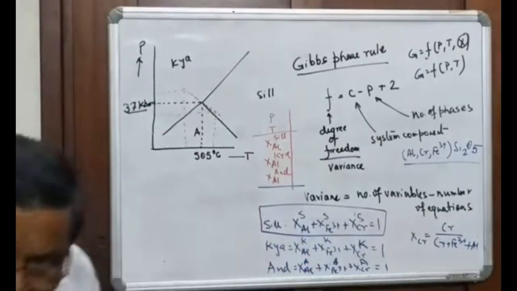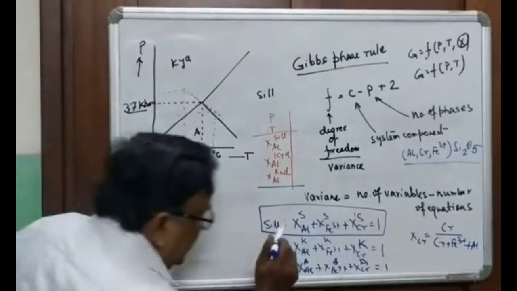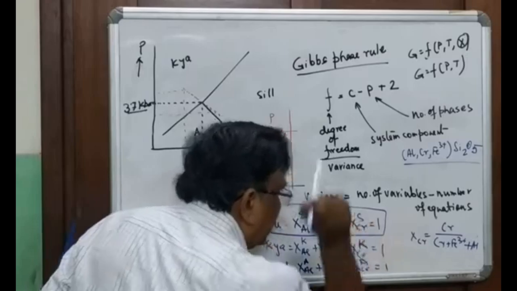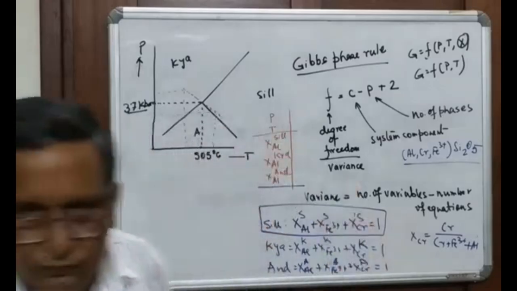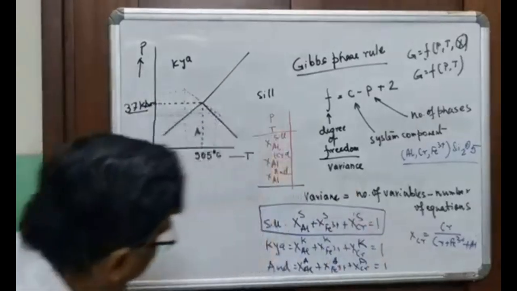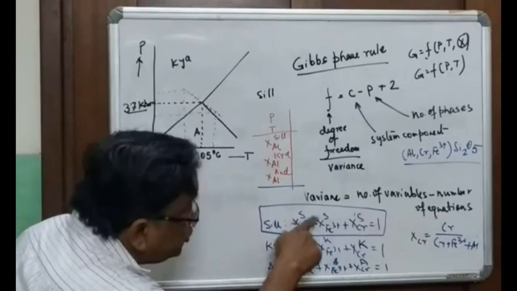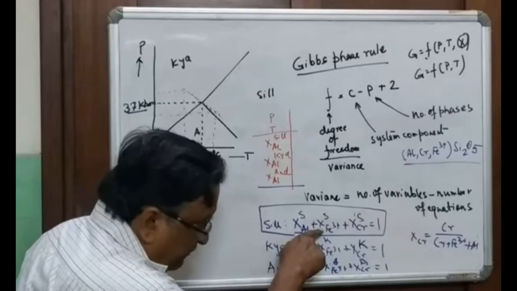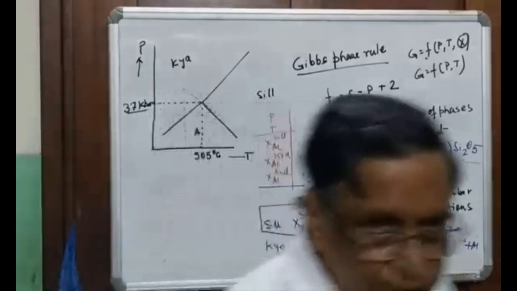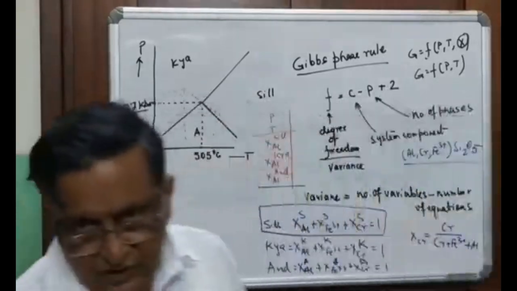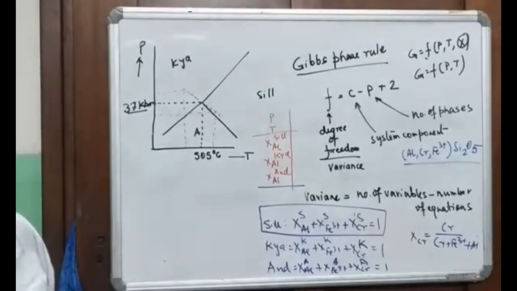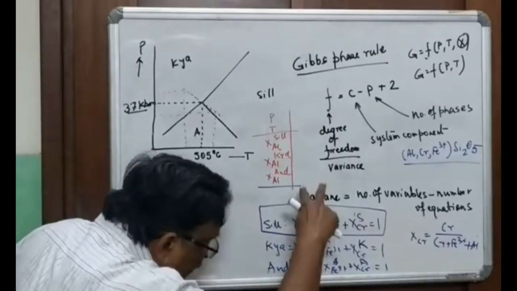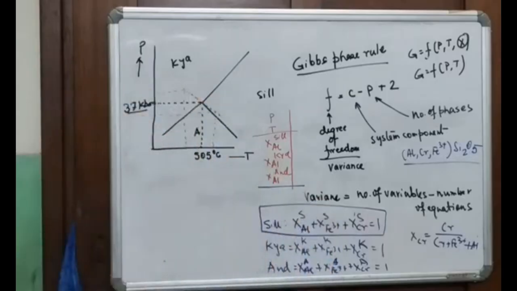Out of that, if you know 2, the third is automatically fixed. If you assign values to 2 of them, the third is known. It's not an independent variable. It becomes a dependent variable.